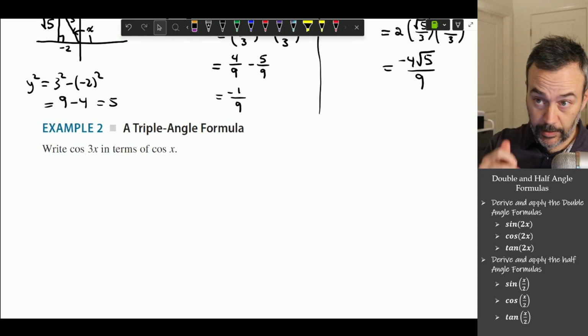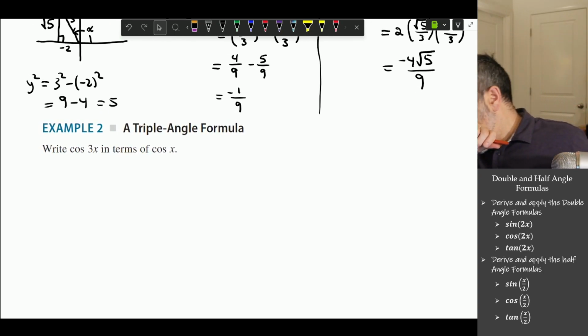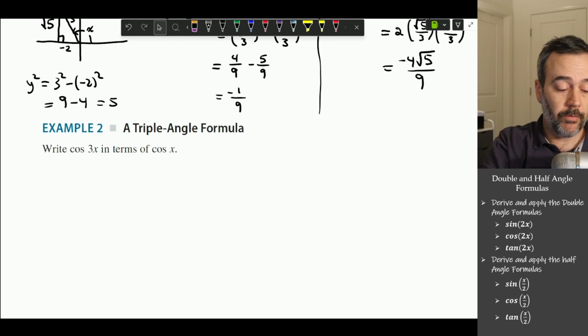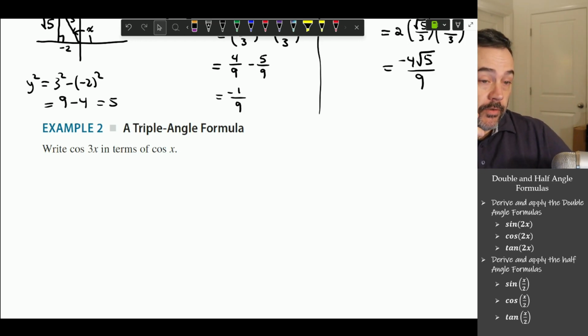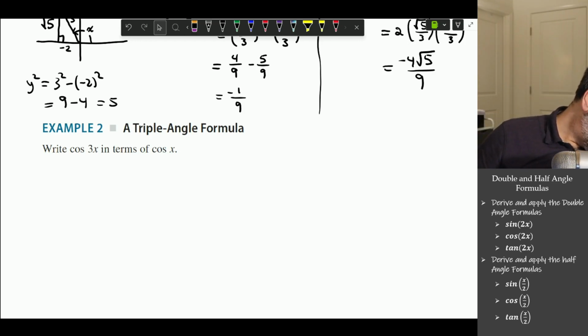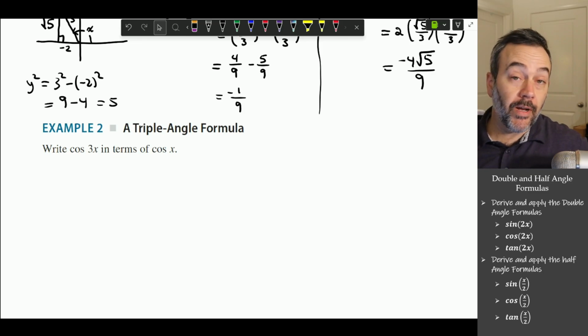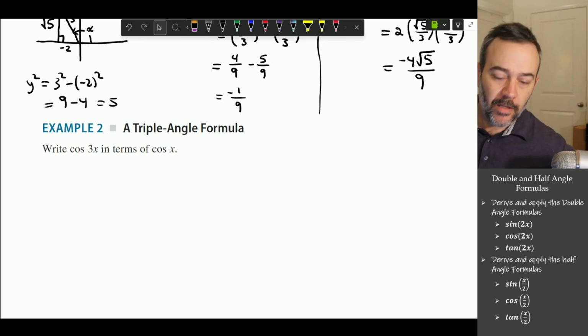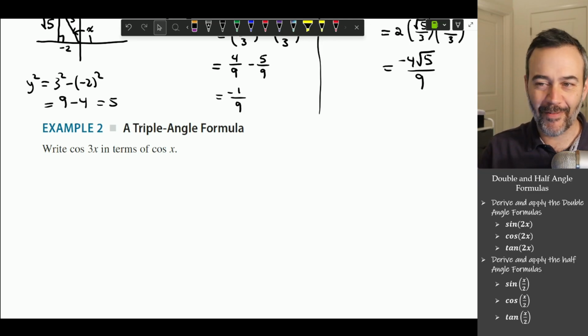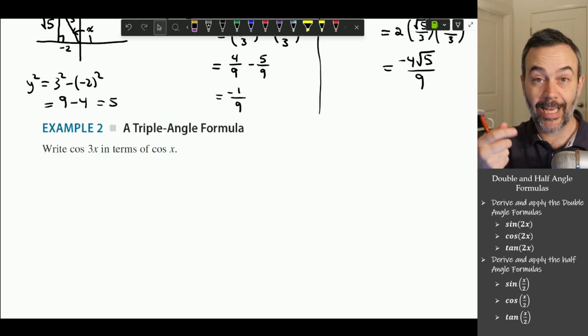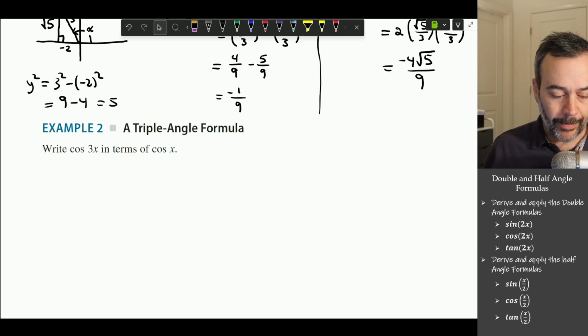What's another way we can apply the double angle formula? Well, we can use the double angle formula to derive a triple angle formula. And we actually could repeat this and find a quadruple angle formula and cosine of 5x, etc., and cosine of nx in general.